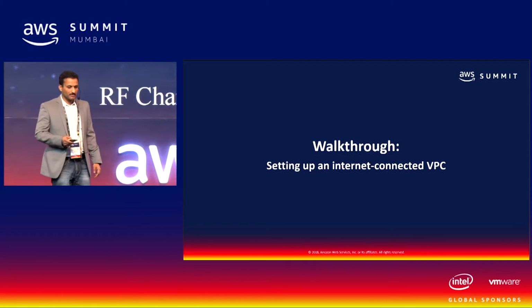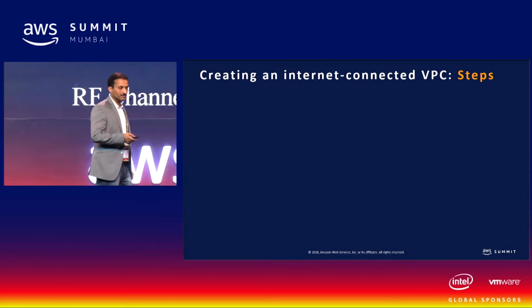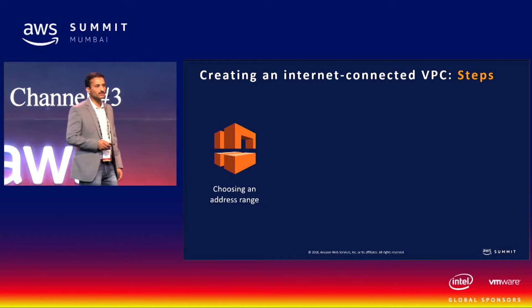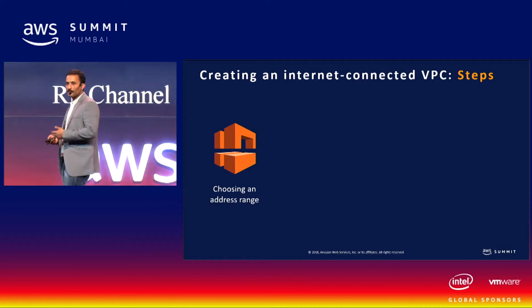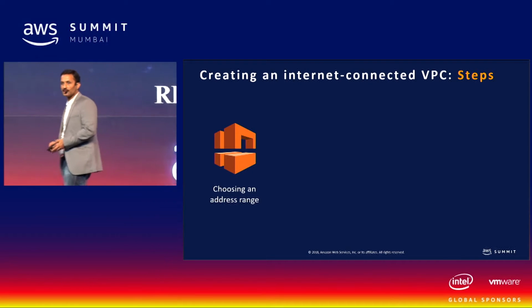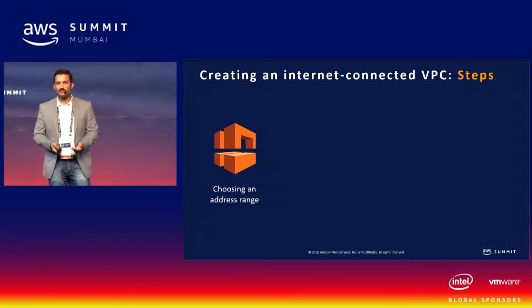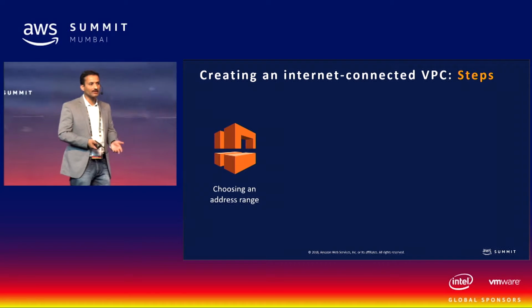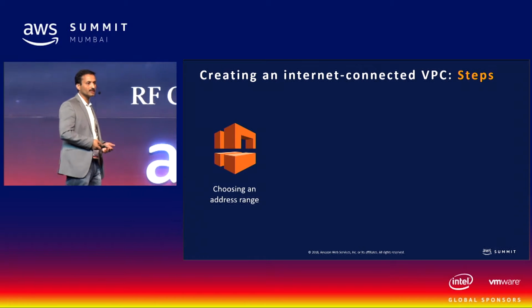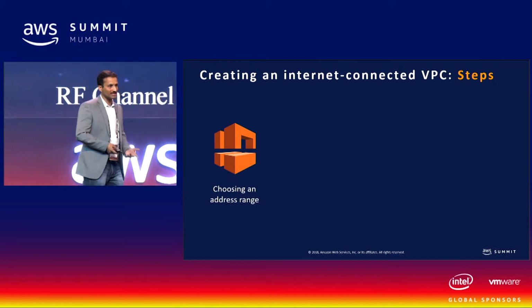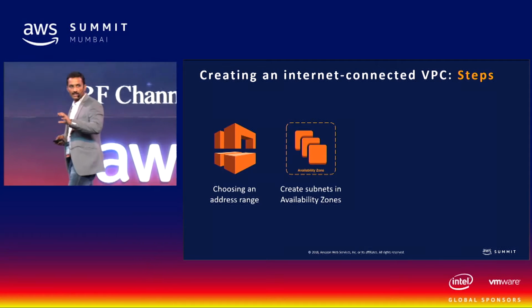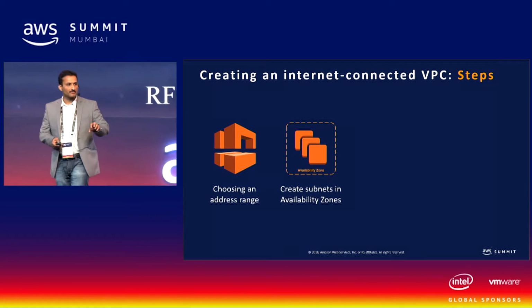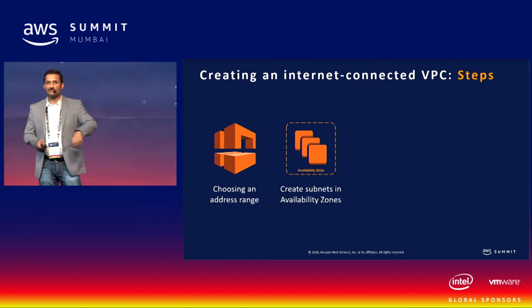So the steps of creating a VPC are: first you will choose an IP address range. Now this IP address range can be any IP address range, but we suggest that you use an RFC 1918 range, which is a private IP address range, like a 10 dot range, or a 172 dot range, or a 192.168 range, right? And then you would use that network and divide that into multiple subnets. You will spread it across multiple availability zones.